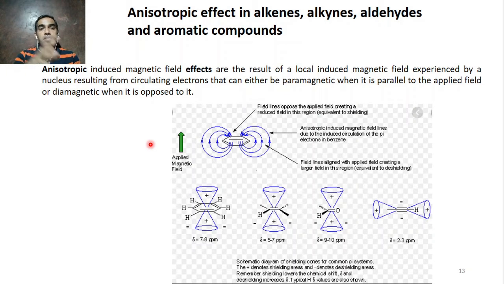See, anisotropic effect is because of ring electrons, or pi electrons, which produce induced magnetic field, either in the direction of the applied magnetic field or opposing the applied magnetic field. Now if it is in the direction of the magnetic field, then the proton will be de-shielded. If it is opposing the applied magnetic field, then proton will be shielded. This is what you have to remember.